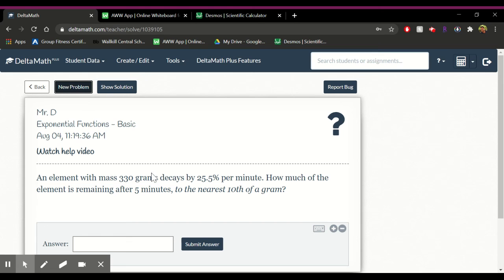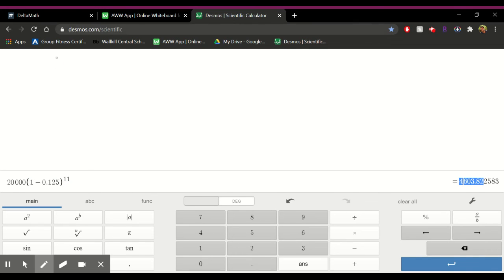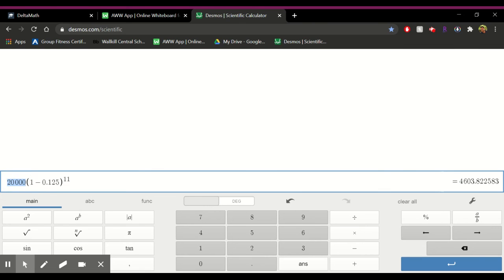All right, here we go. An element with a mass of 330 grams decays at 25.5% per minute. So again, it starts at 330, and I move this decimal spot over twice. So it's 0.255. Yeah, you can put the 0 out in front. So it's going down. 330 grams. This is a science problem.